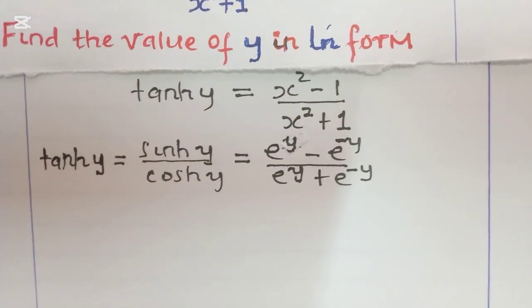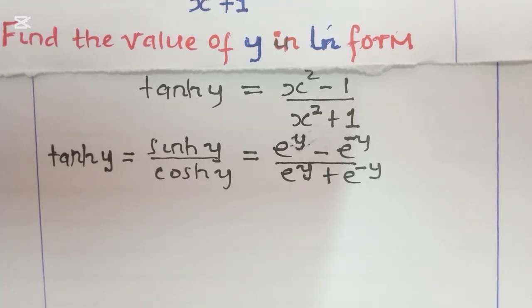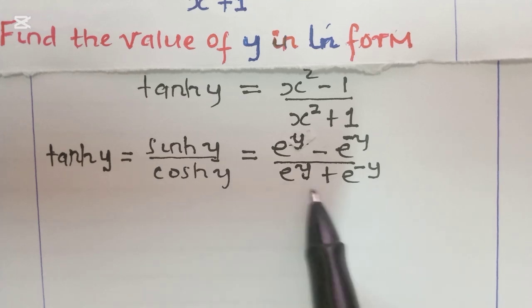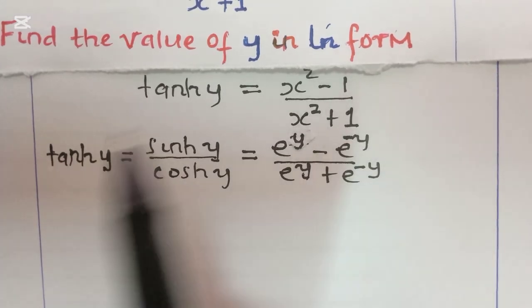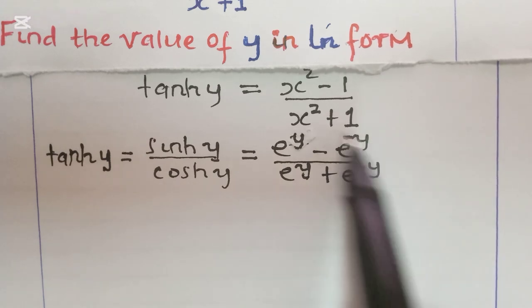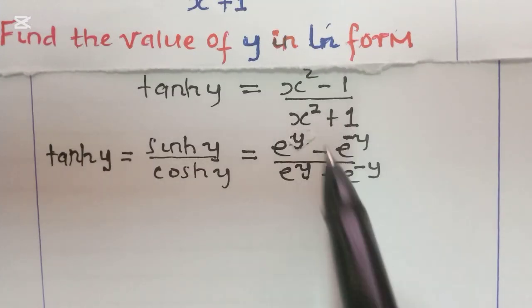And so guys, from there we can now equate this value to this, because you can see guys that the tan hyperbolic y is equal to that, and it is also equal to that. So we can equate these two.